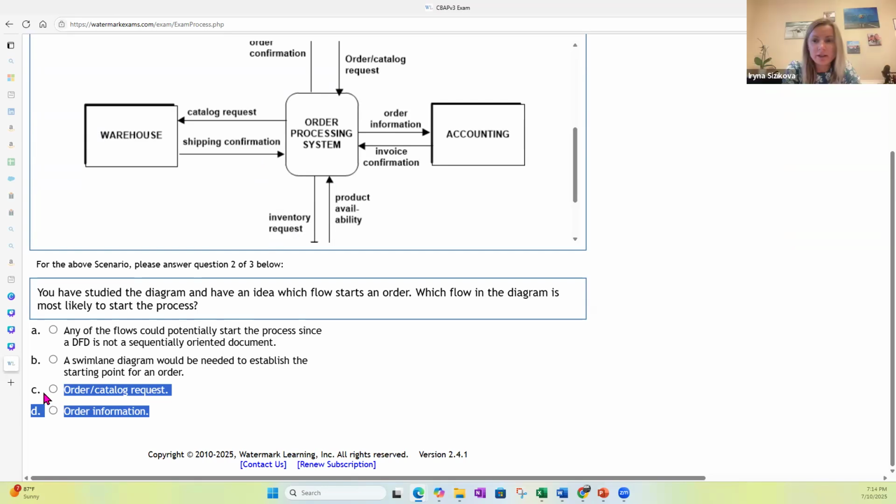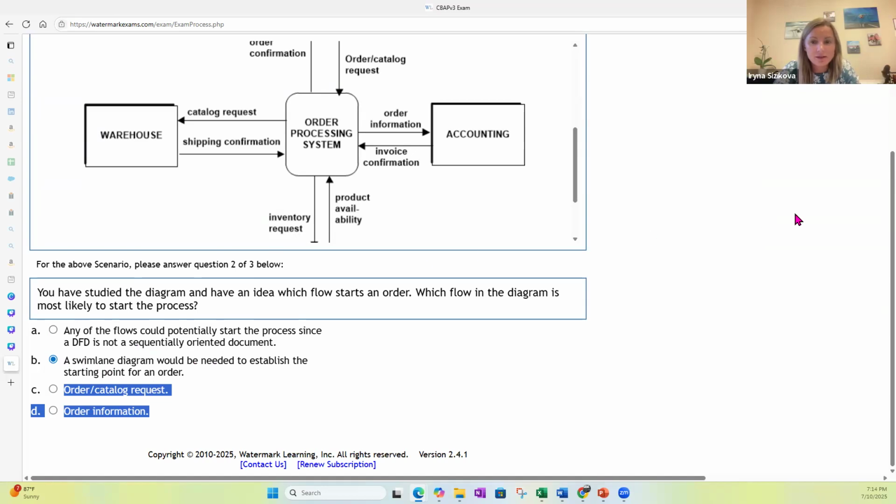B, swim lane, sounds like a good answer. I would agree. I would eliminate A for sure because any of the flows, BABOK never says it. And swim lane, it sounds logical.